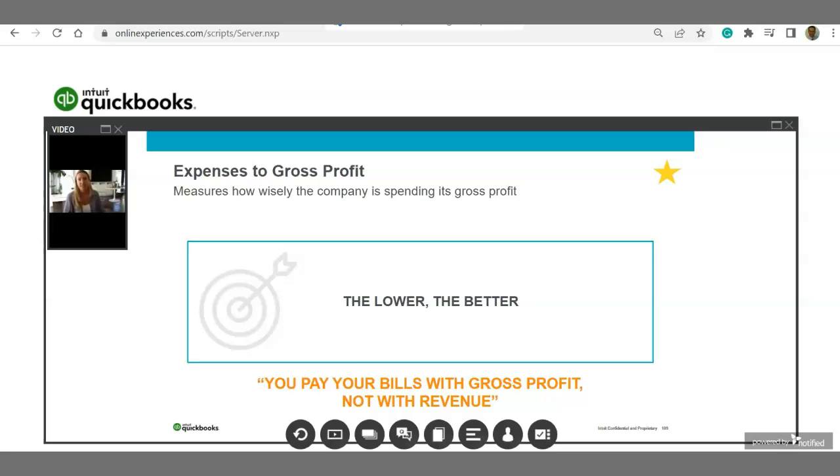So let's take an example just to kind of see it. Let's say that revenue is $10,000, cost of goods sold is $5,000, so your gross profit is $5,000, right? Now, let's say you have operating expenses of $3,000. If you compare it to total sales, which are $10,000, then your operating expenses are 30% of total sales.